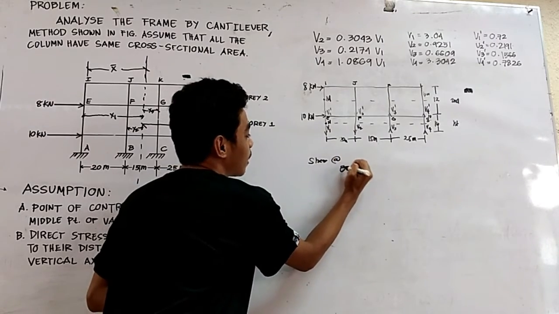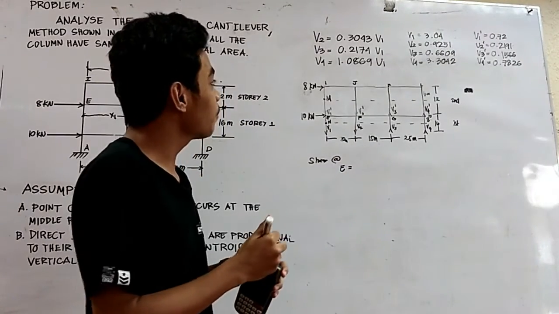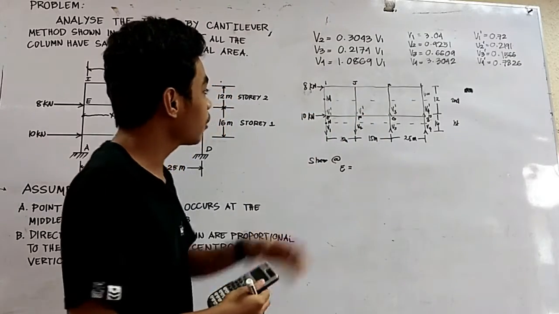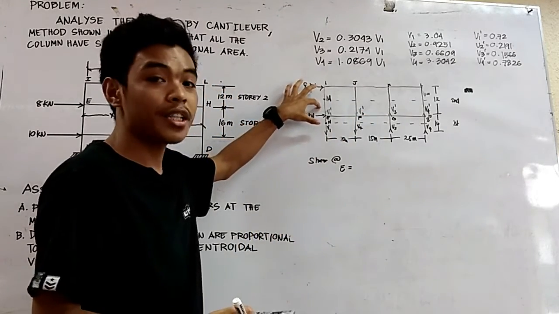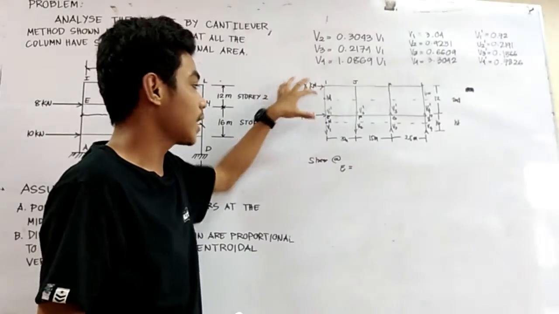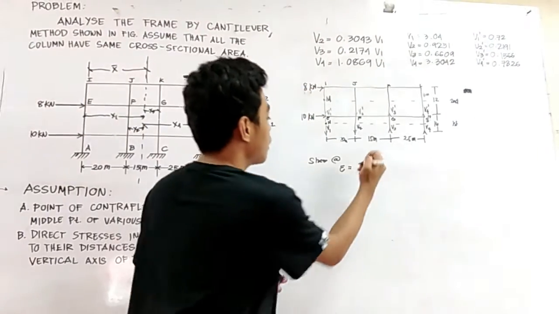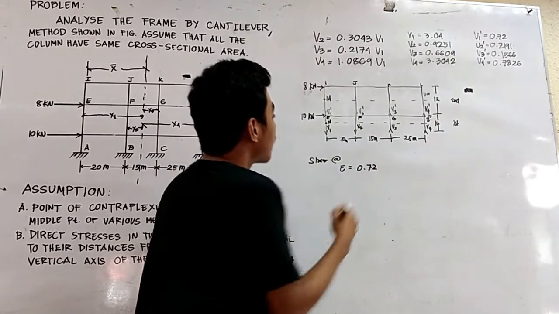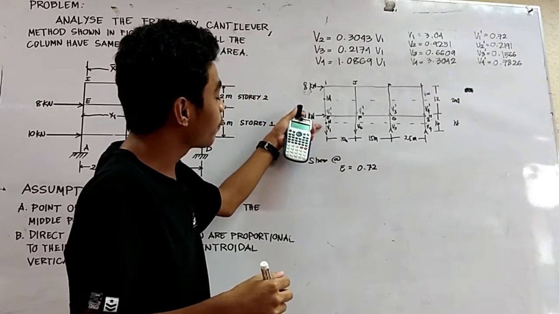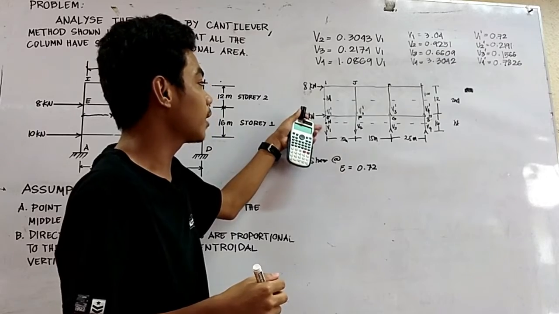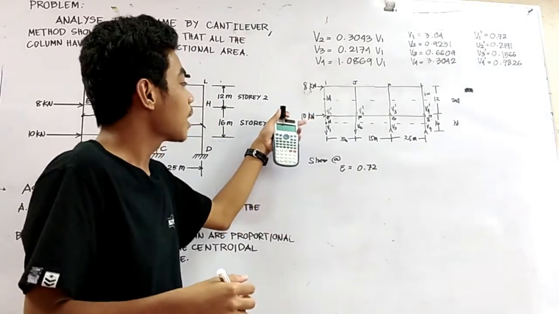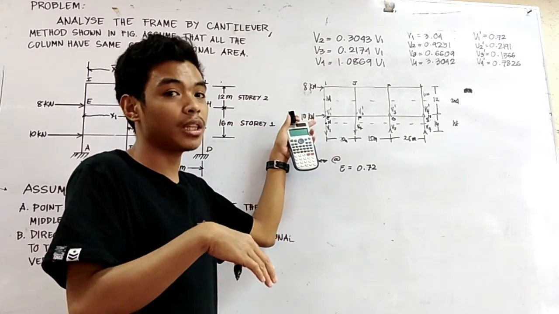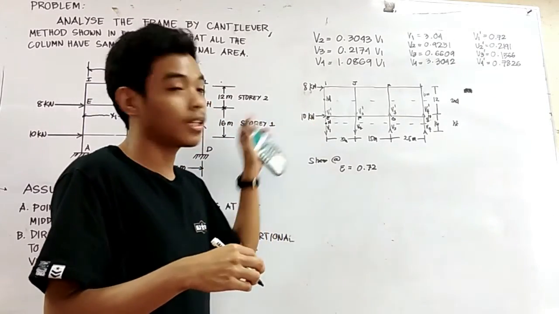Shear at E is equal to, since our V1 prime is equal to 0.72, and its direction is towards the point E, our sign there is positive, which is 0.72. Then V1 at point E, since its direction is moving away from point E, our sign there is negative.